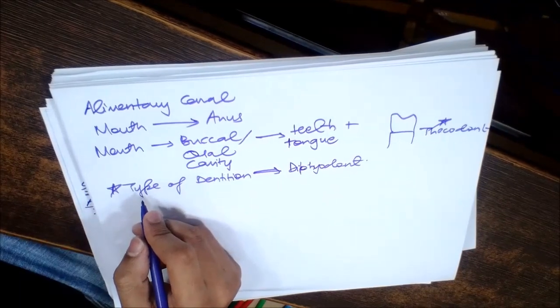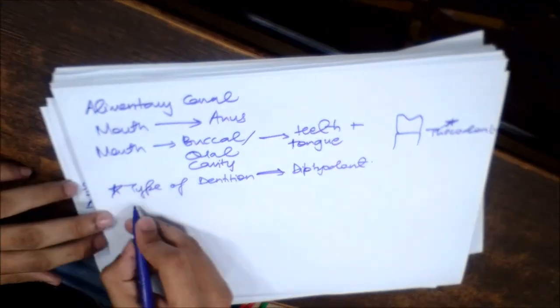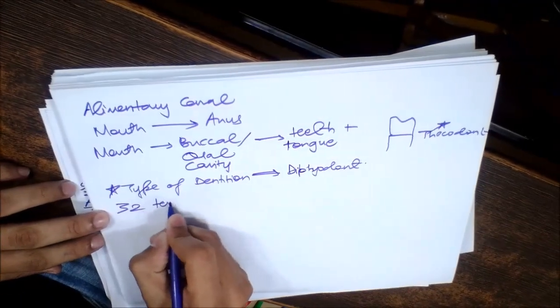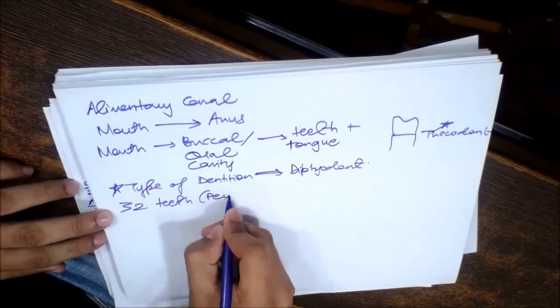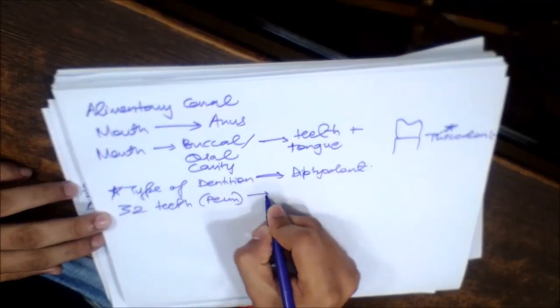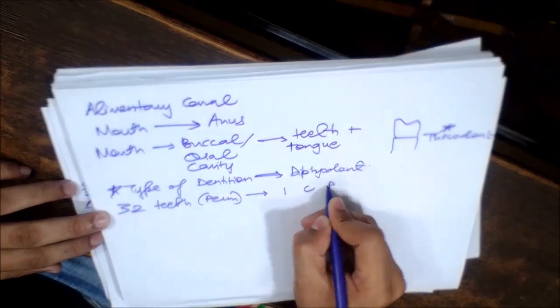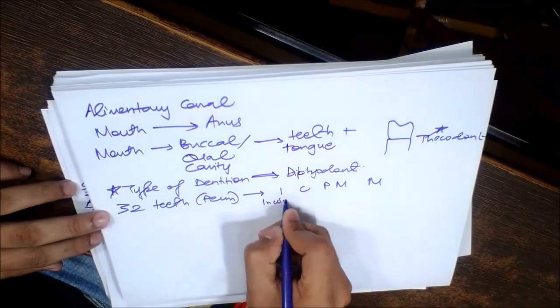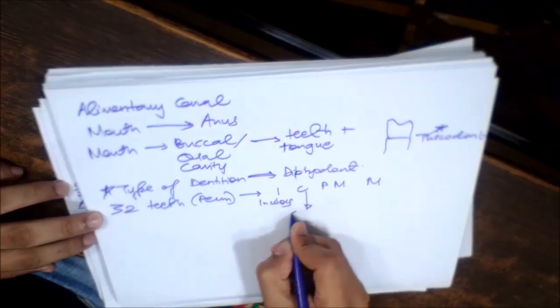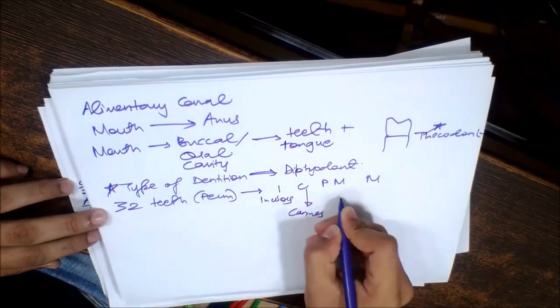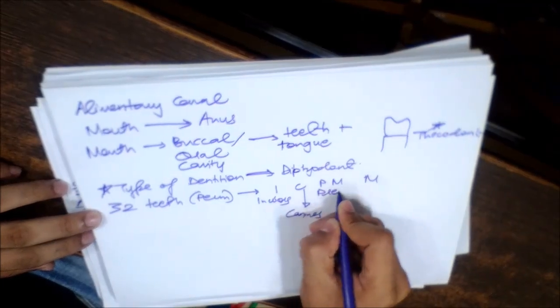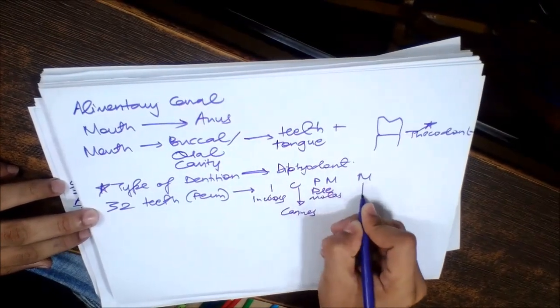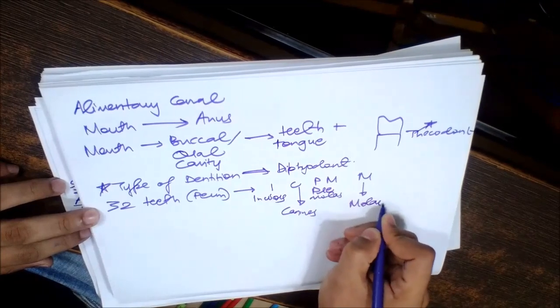An adult human has 32 permanent teeth which are of four different types, namely I, C, PM and M, wherein I stands for incisors, C for canines, PM for premolars and M for molars.